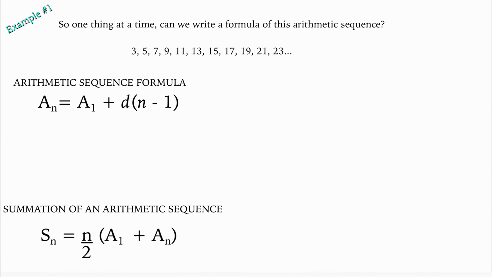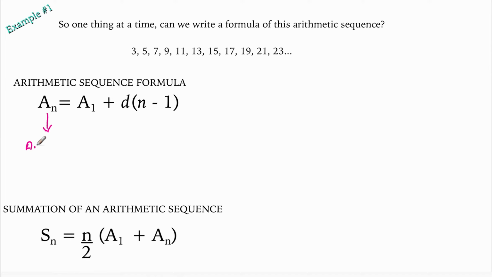One of the things you're going to have to do is be able to write a formula that will generate certain terms of a sequence. This is a very easy formula. I know it looks like a bunch of these A's and subs, but it's very easy to understand. Again, this means any term.